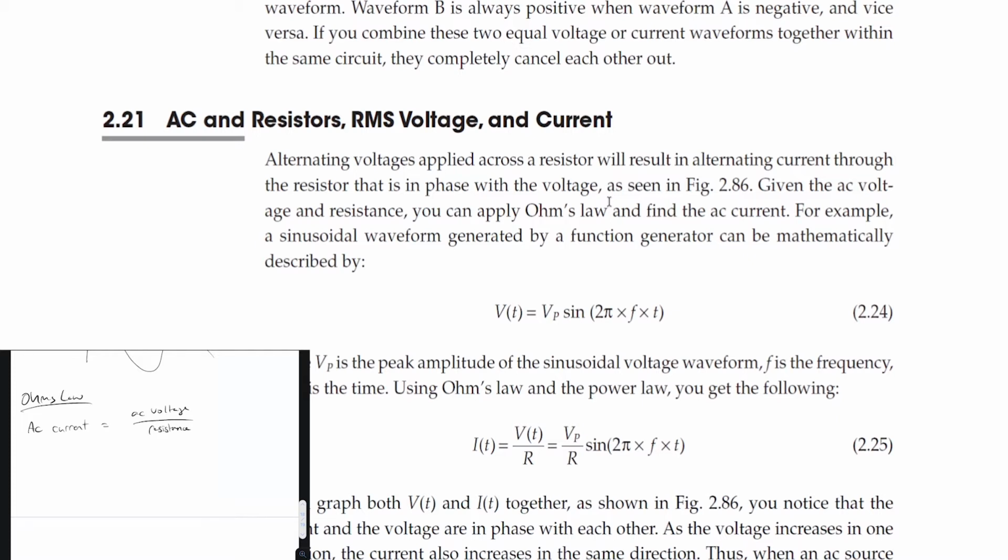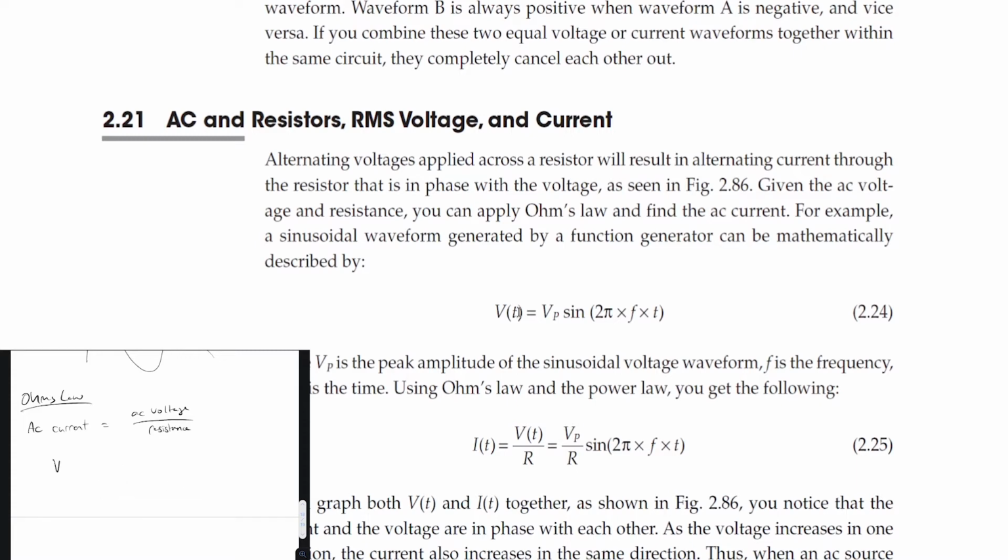For example, a sinusoidal waveform generated by a function generator. A sine wave can be mathematically described by V(t). What's with the t? Basically that V(t) means the voltage going along the whole time, this whole bit here, because obviously it's varying values of voltage.